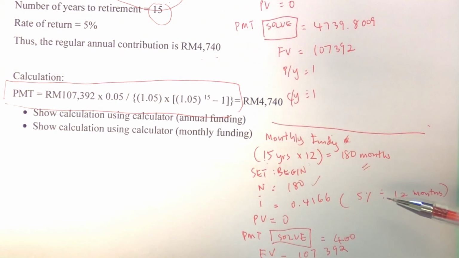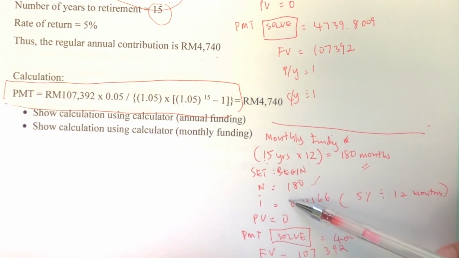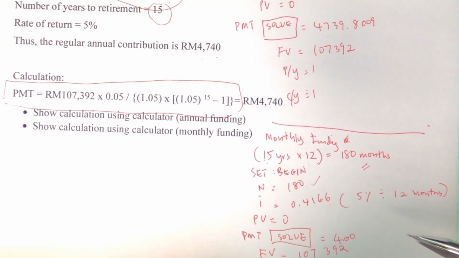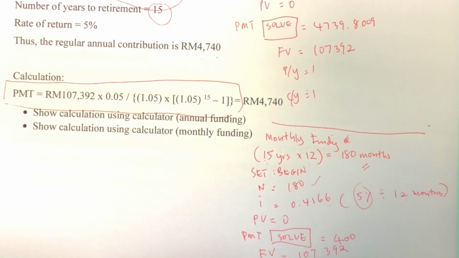So this is for monthly funding. We set the calculator to begin. N is 180, I is 0.4166, where that 5% is actually for 1 year, so we divide by 12 months to get 0.4166.